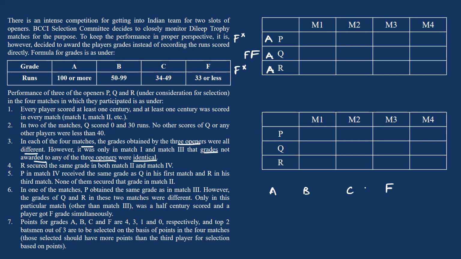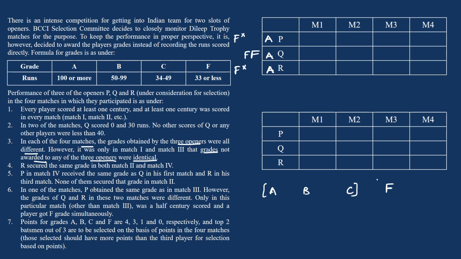It was only in match 1 and match 3 that the grades not awarded to any of the 3 openers were identical. Okay, so if player P was given A, B, C grades, so player Q should also be given A, B, C, and player R should also be given these 3 grades A, B, C in any order.